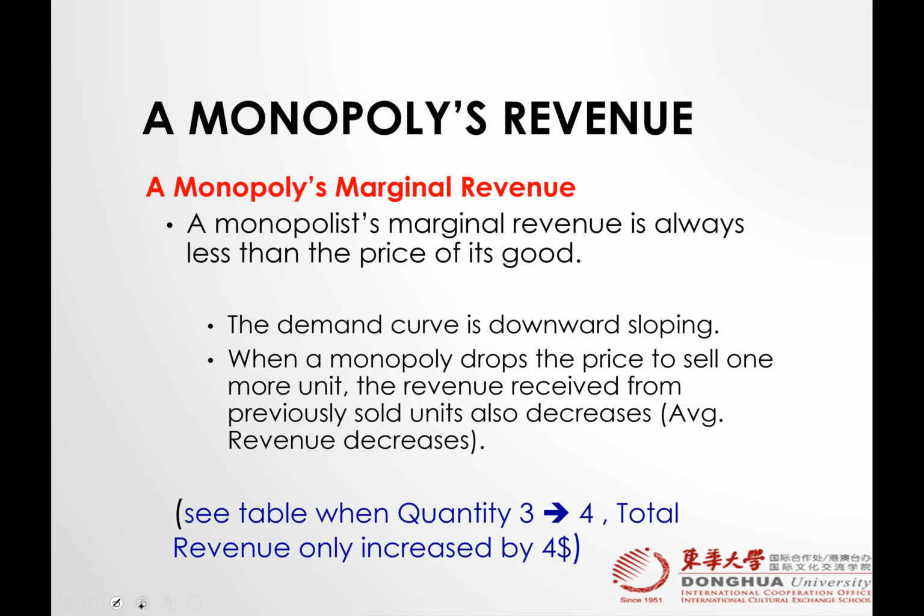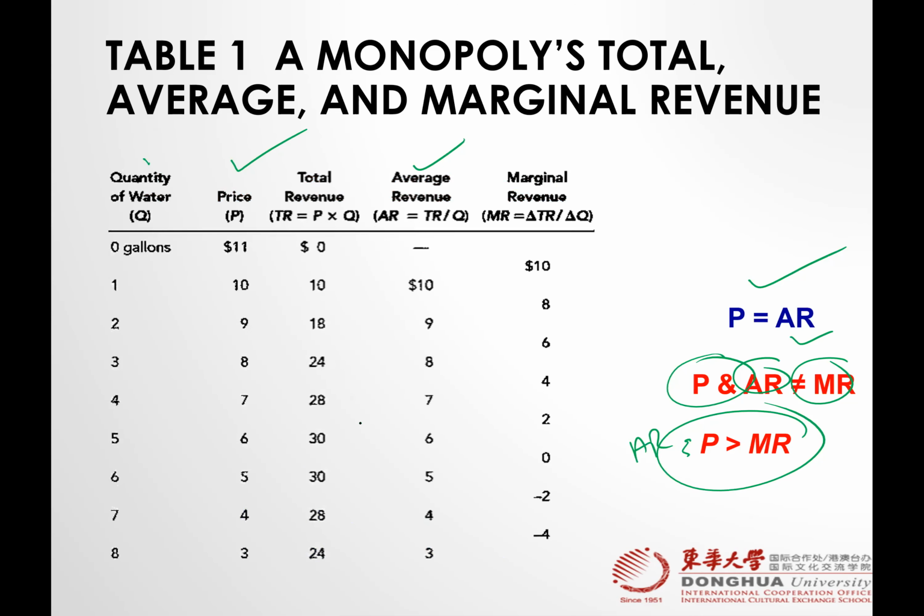So we already talked about it. The reason is that whenever you want to sell more, you need to decrease the price. So whenever you want to sell more, one more unit is bringing you only a small increase in total revenue. Look at that.